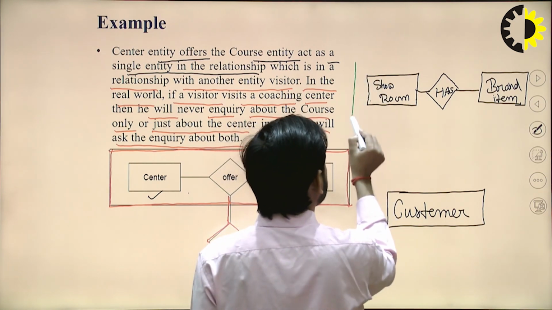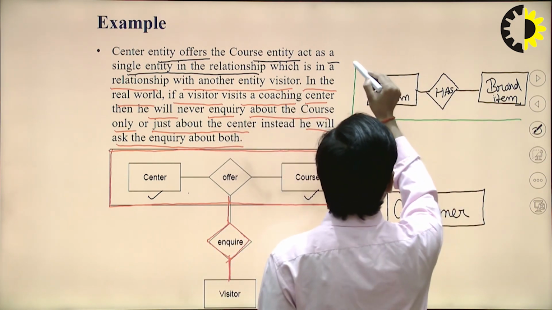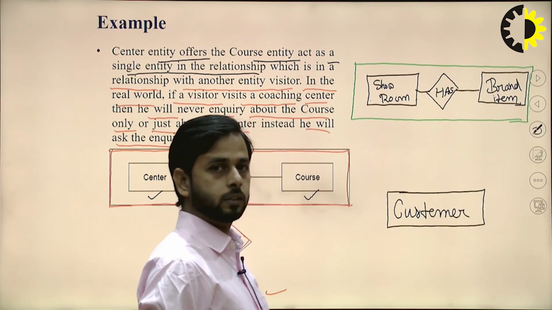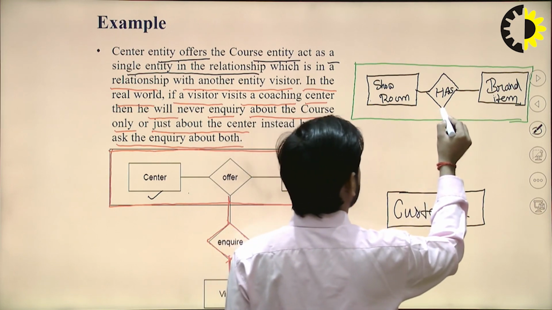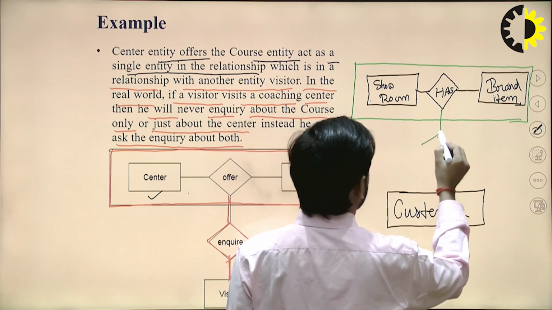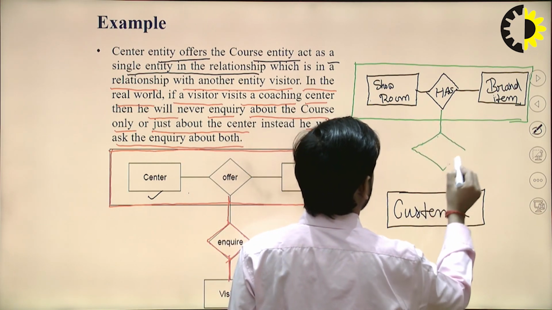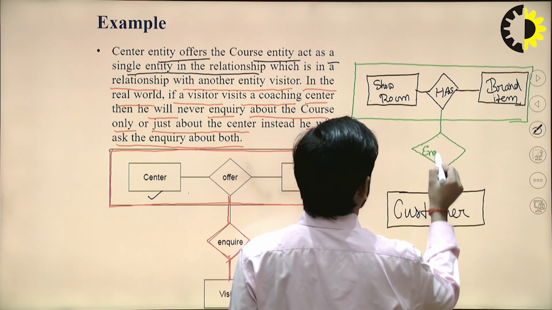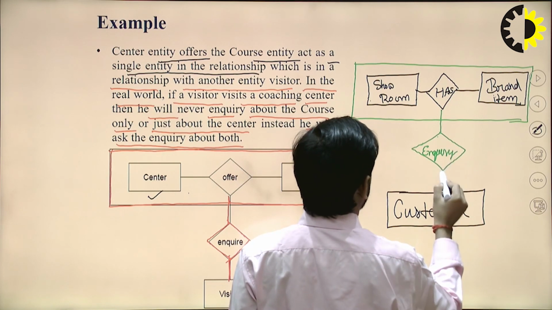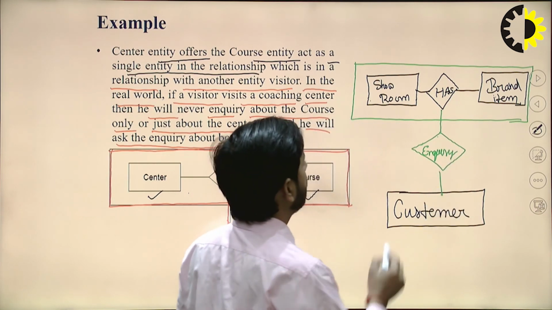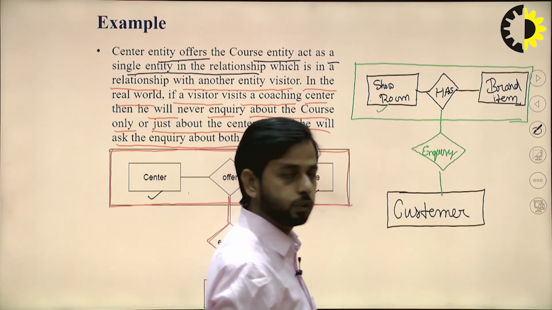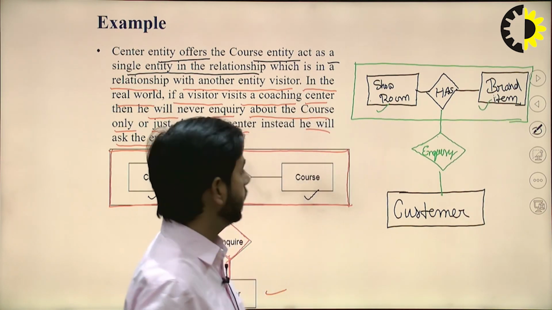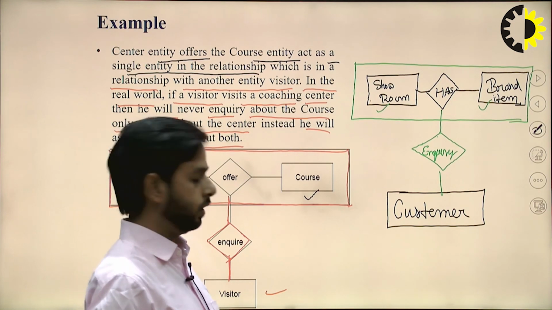So these two entities are combined, so he will inquire about both. He will ask about the showroom, and what different items of that particular brand are available in the showroom.